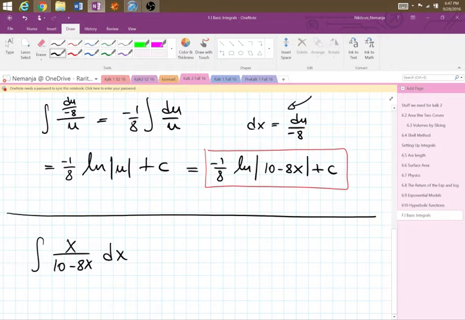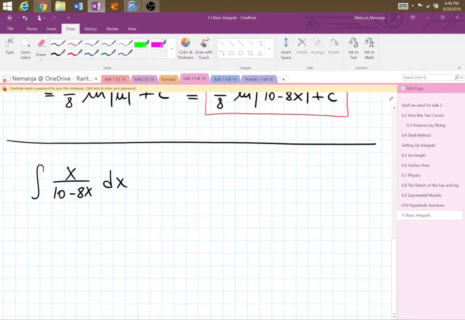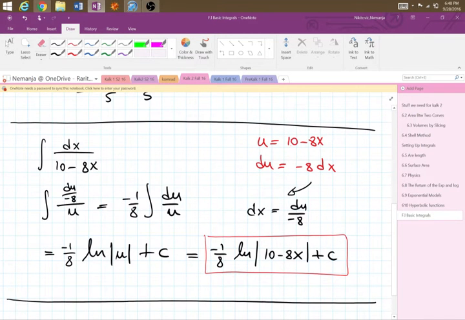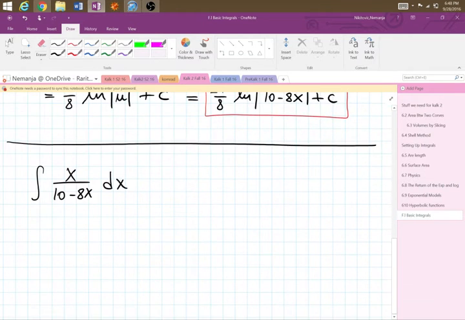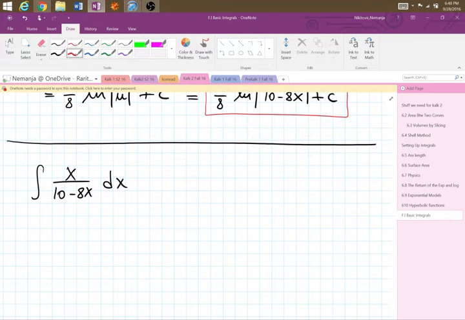Let's see what happens. So now we have a modification on a previous problem, and the only difference is now we have this x in the numerator. Earlier we had 1, right? 1 times dx. Now we have x times dx. I'm going to try and do the same thing, because we are still in chapter 5 and 6 and we don't know anything else, right?